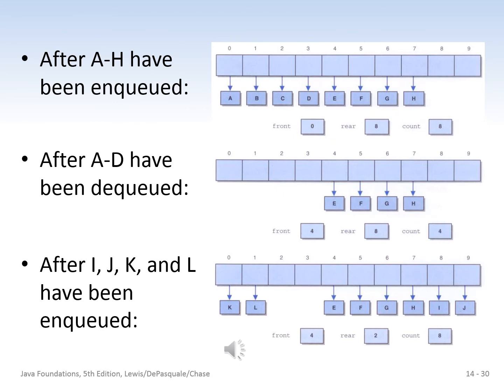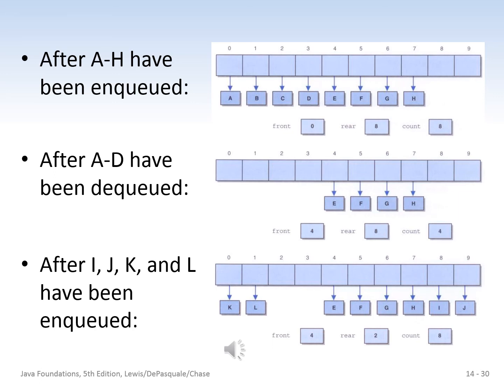Here we have a series of snapshots, state snapshots of an array-based queue. And we have the array depicted as you would expect a linear array to be depicted. So in the first snapshot, A through H have been enqueued.